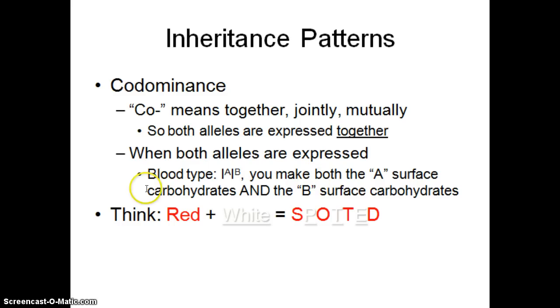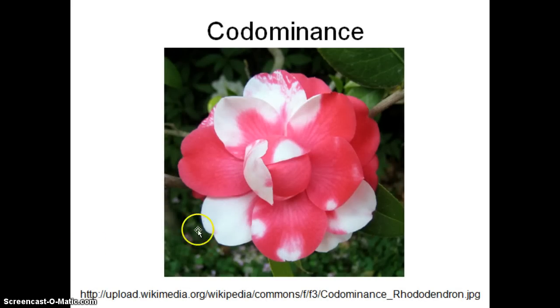So when we have codominance, if I had a red and a white, we would actually see both of those. So we see red and white. It's not blending, we see both distinct characteristics. A picture of this would be something like this rhododendron, where we see some red and we see some white. It's not pink, but we see both colors distinctly.